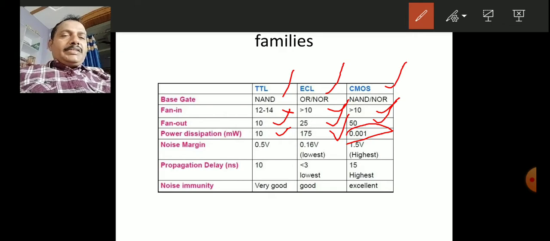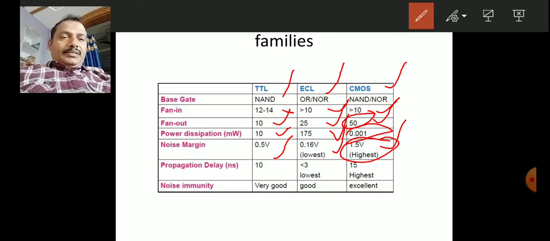And the noise margin here is 0.5 volts. For ECL it is 0.16. For CMOS it is 1.5 volts noise margin. So this is the highest. That means this is also a good parameter we can get. Fan out is also a good parameter for CMOS.